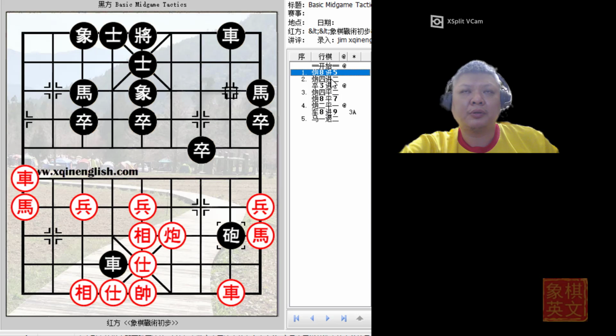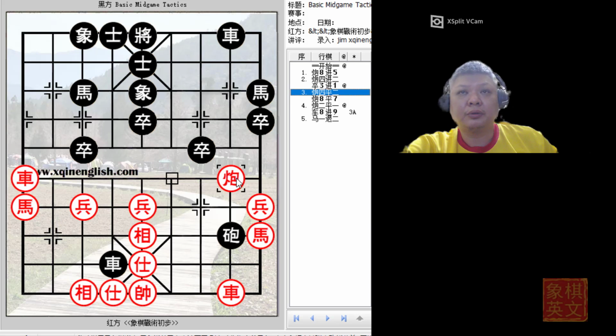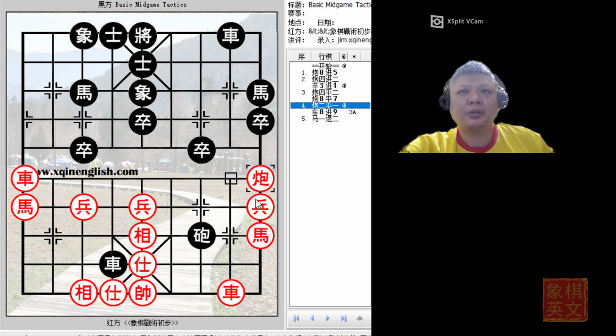But red would be able to advance his cannon in preparation to apply the block. But black tried to resolve the issue of this horse being underdeveloped and played p3 plus 1. And this was when red would simply play c4 equals 2 to block the piece and then leverage the situation on hand to its advantage.